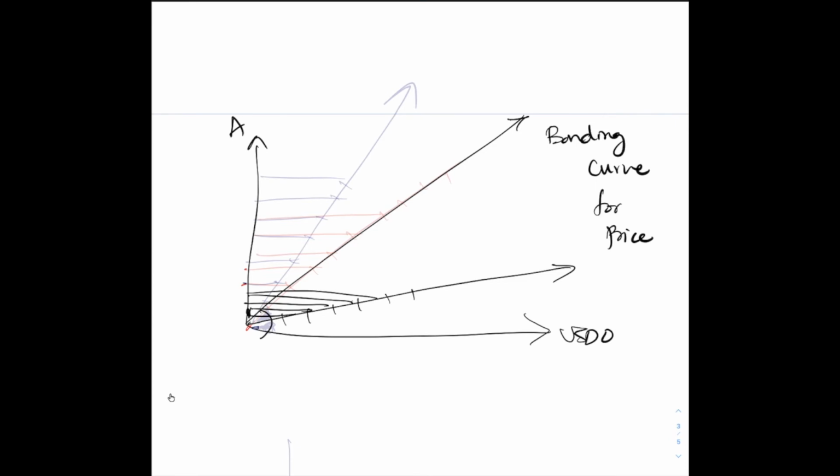Whereas in the case of this line, as the price goes like this, the price impact is higher, okay? So for example, if it was this line, and as the price went like this, the price impact is even higher.